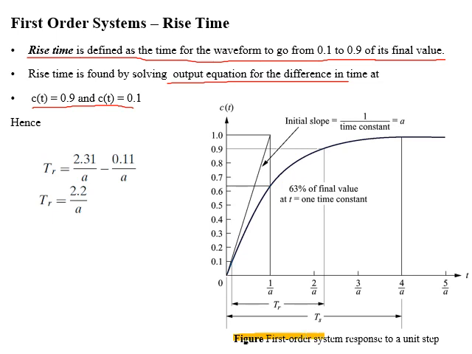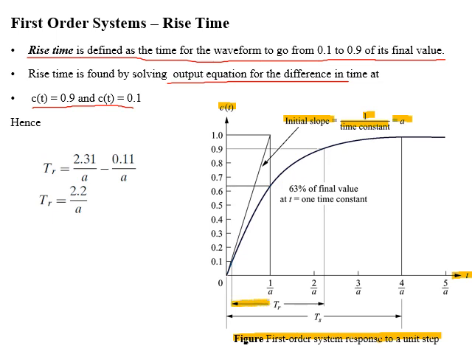If you see the figure which represents the step response of the first order system, the initial slope is equal to 1 over the time constant, which is equal to a, and the time axis is again divided on the basis of the time constant.